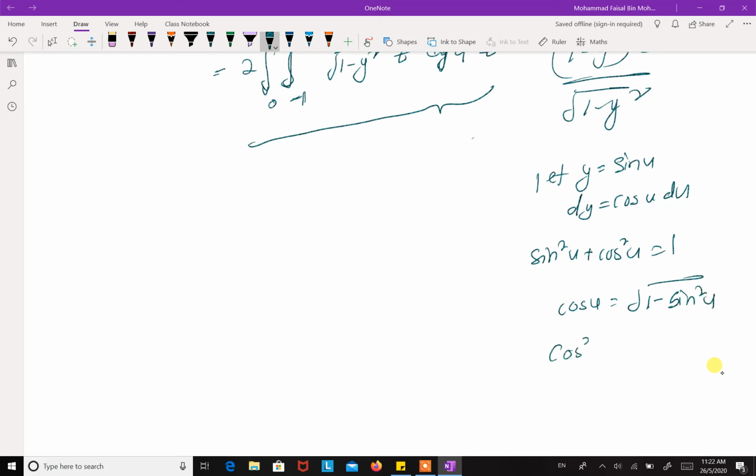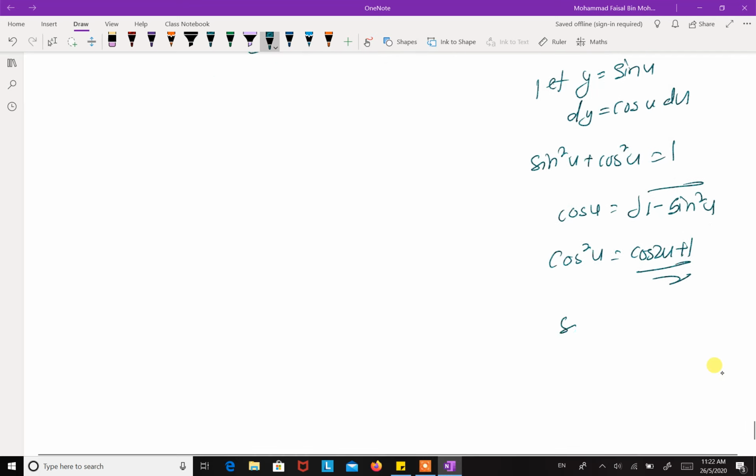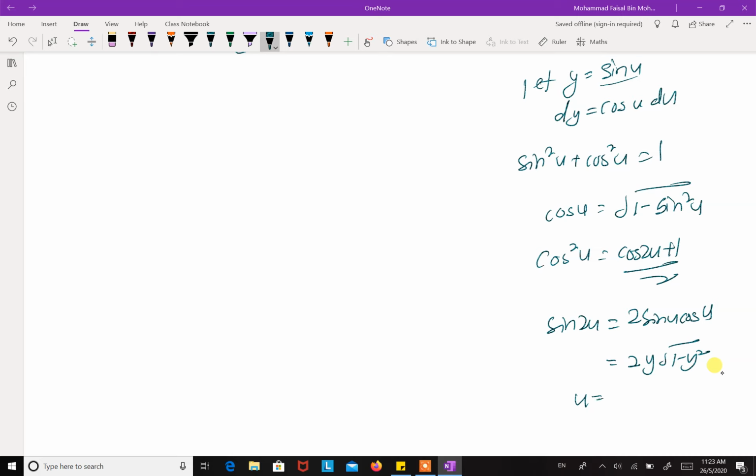Also cos squared u equals cos 2u plus 1 over 2, and sine 2u equals 2 sine u cos u. So this is 2y times square root 1 minus y squared, because I let y equals sine u. So u equals sine inverse y from this.